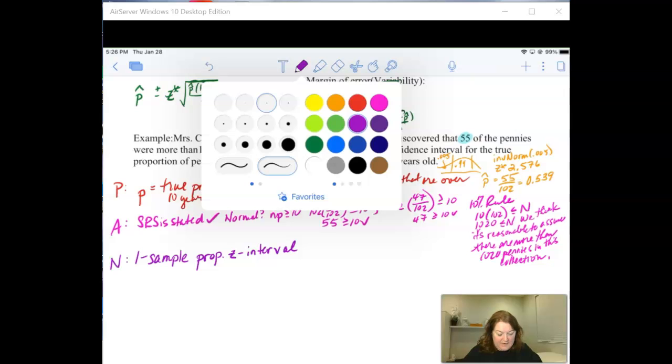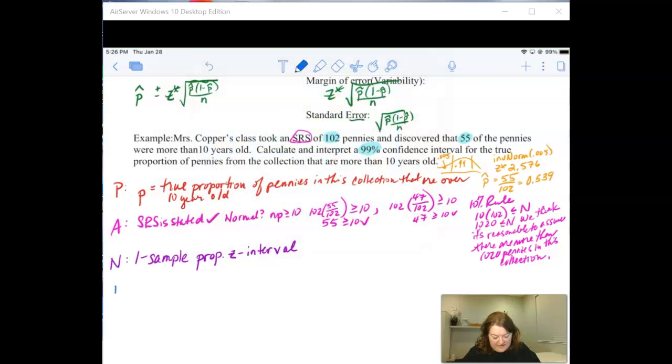Okay. All right, so next step, what comes after this? Let's go and do the I. The I is actually the interval. This is where all the math happens. So we're going to grab that exact same formula that we wrote before, and we're going to plug in the numbers into it. p hat times 1 minus p hat all over n.